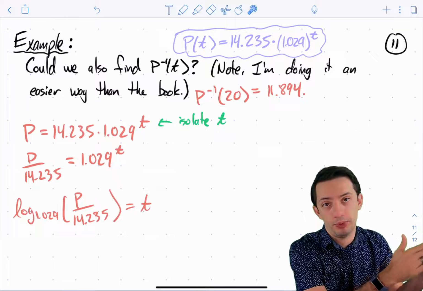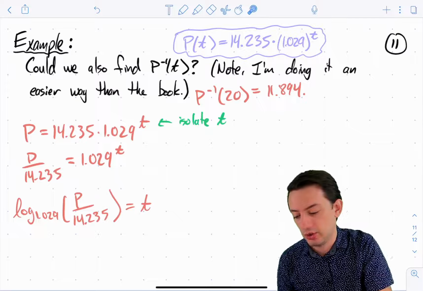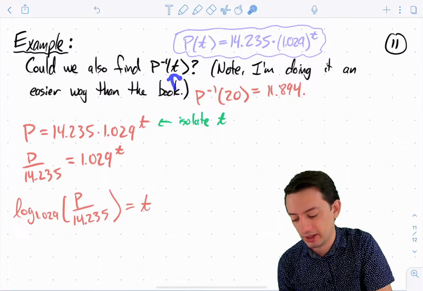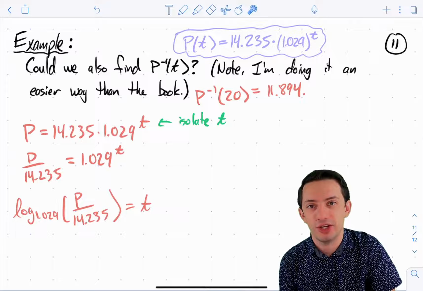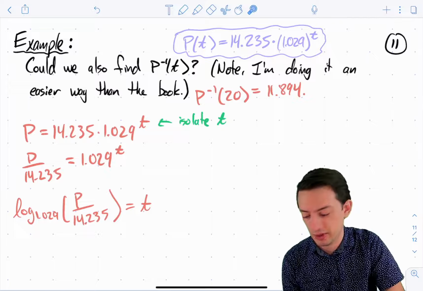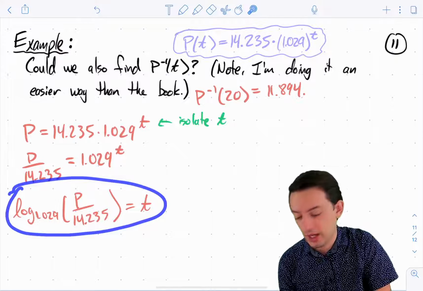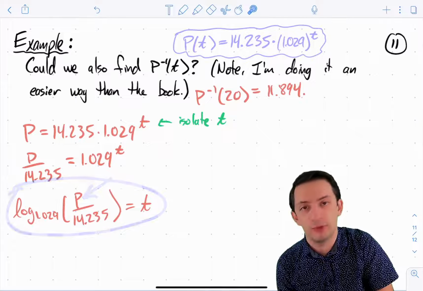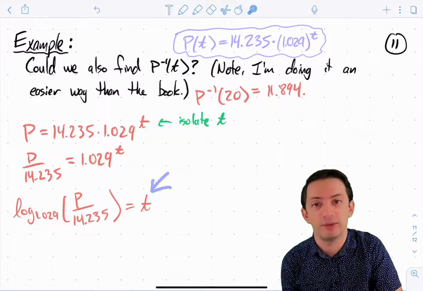So the inverse, you put in population, feed it in reverse, and you get the year. So t is not really what you're plugging in. You're really plugging in capital P. So the notation here maybe was a little confusing, but the important part is that we have found our inverse function. And if you went and plugged in 20, you would see we have the exact same formula from the last slide, and we get in years 11.894.